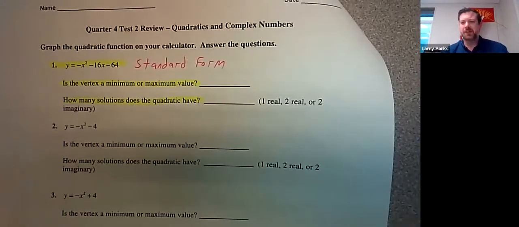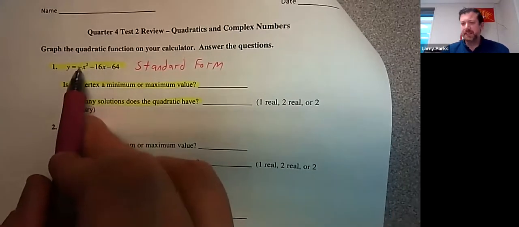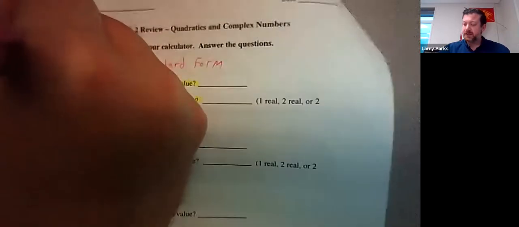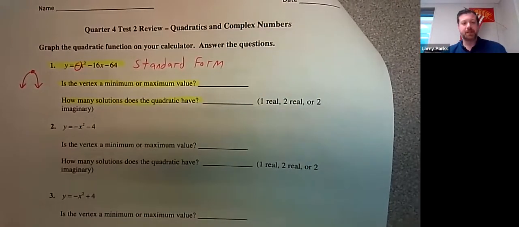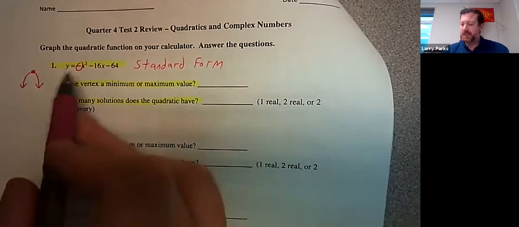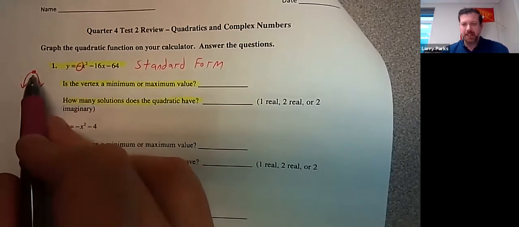And so all we know from standard form is A is negative, so it opens down. So it looks like this. Because the A is negative. And so the first question, is the vertex a minimum or maximum? Well, because it's a negative, it's going to be a maximum.